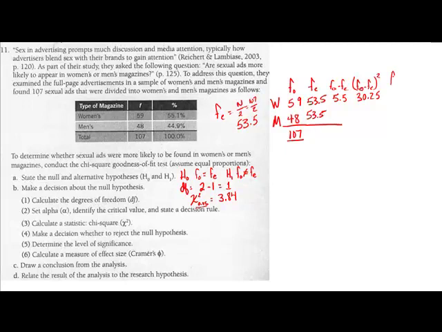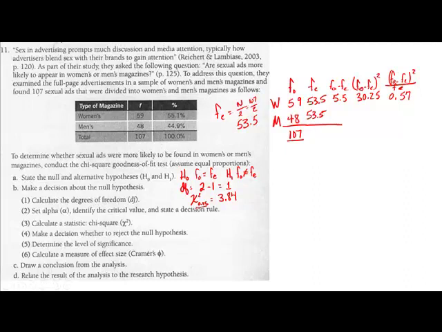And then the final step is to take that number and divide it by the frequency expected, which was 53.5. And with that, I get 0.565, so let's call that 0.57.